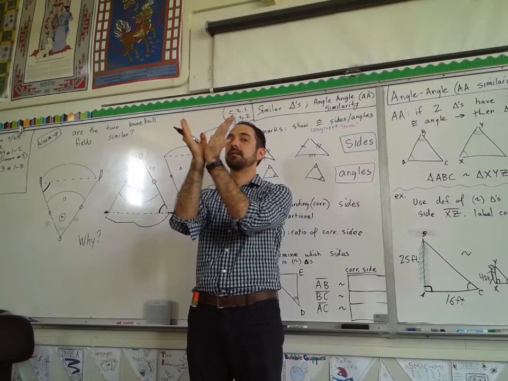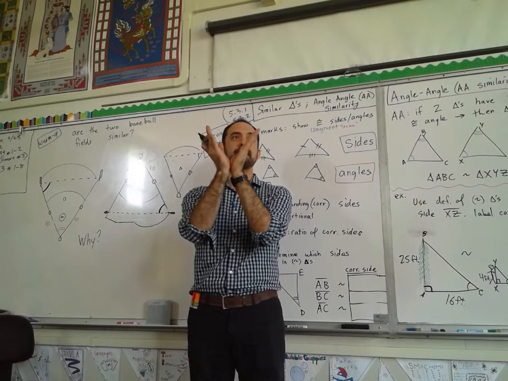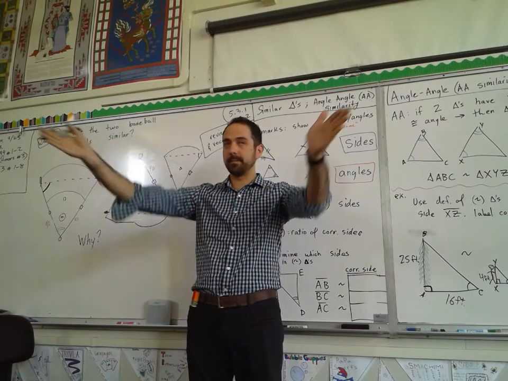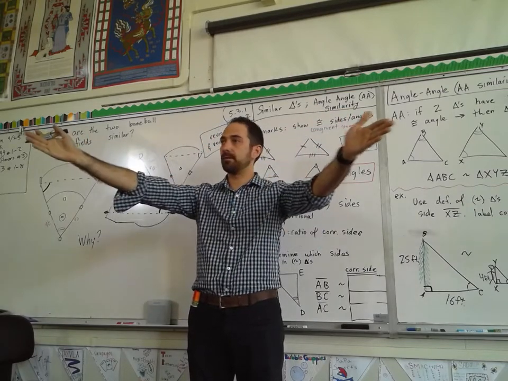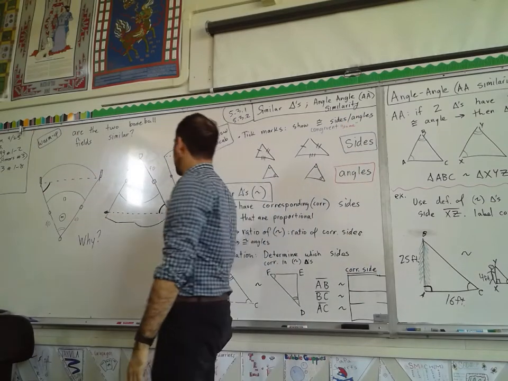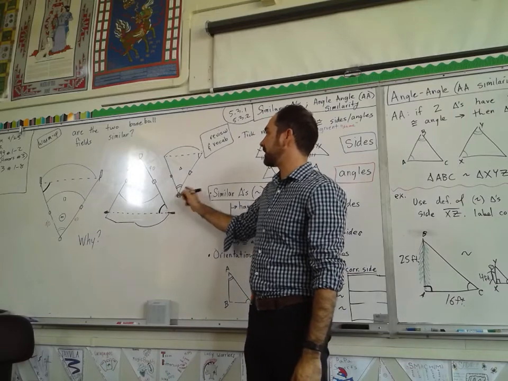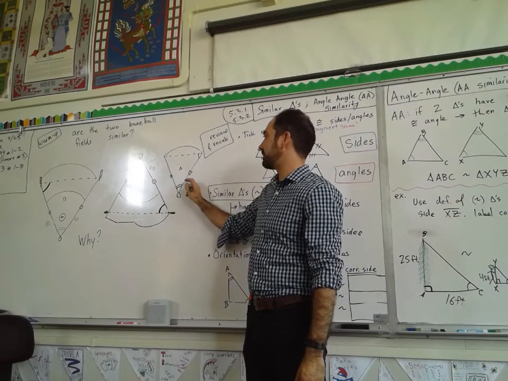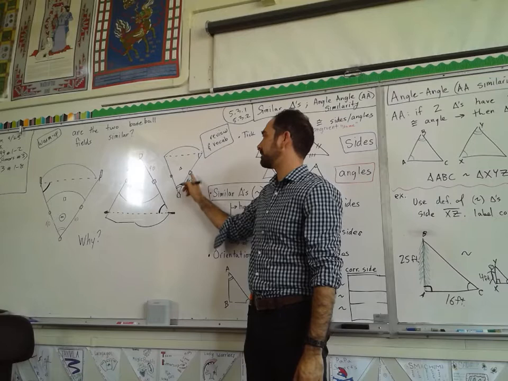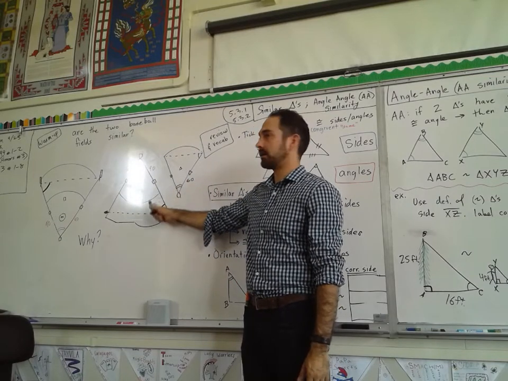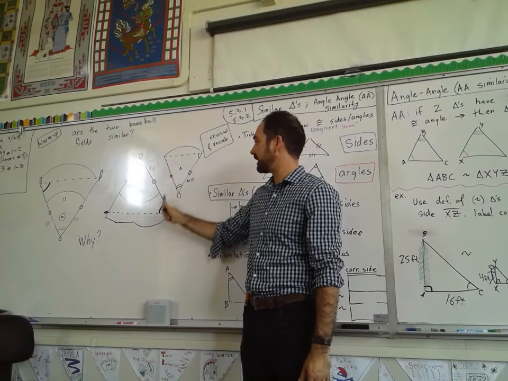Good. So in Little League, from home plate, the angle is still opening the exact same. The same angle looking out between first and third. So even though instead of 90 feet, we might have 60 feet between home and first, these two triangles are similar because angle and angle are in common.